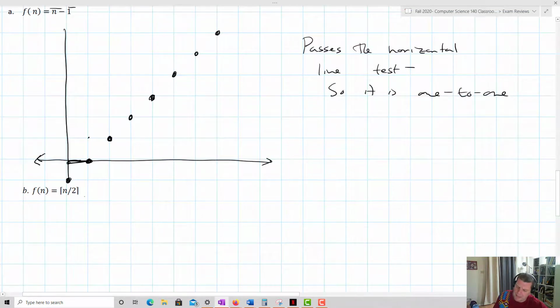On the other hand, we see something like this: f of n equals the floor of n over 2.